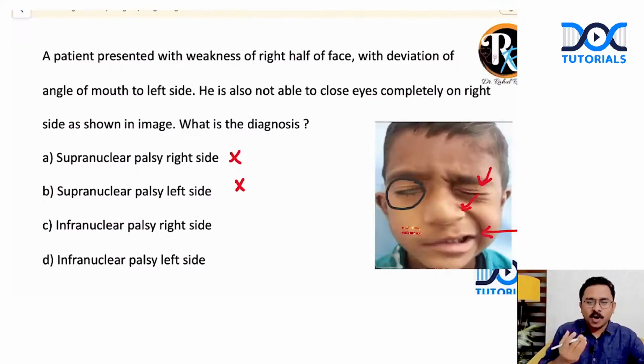So this could be a problem in the nerve. Now, what do you think? Which side is affected? Okay, it is the right side that is affected, right? The right side facial muscles are weak. So hence, what is going to be the answer? There is a palsy, weakness involving either the nuclear or the infranuclear part on the right side, which is why my answer is going to be option C, right?